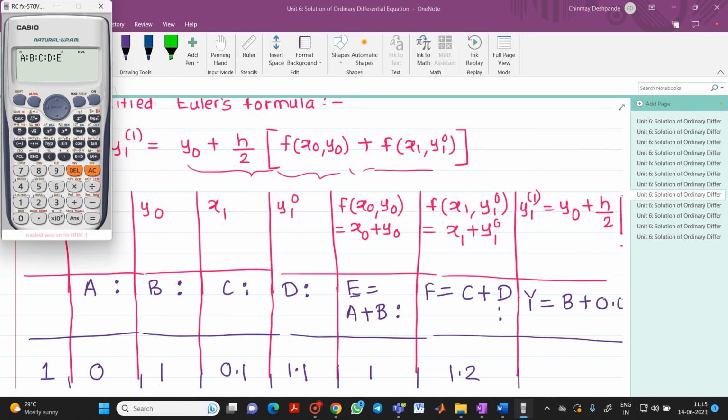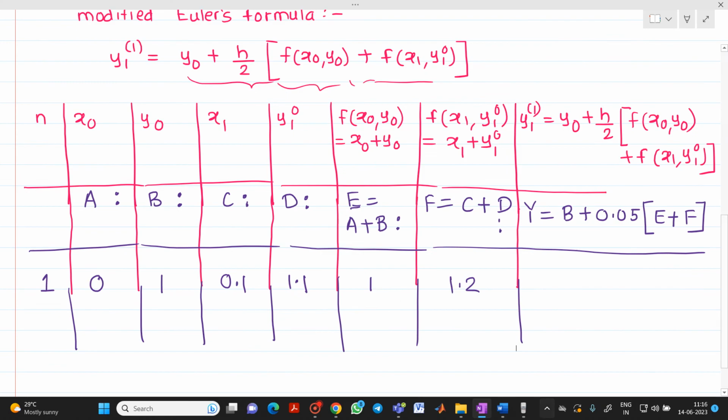E equal to a plus b colon, f equal to c plus d colon, y equal to, so I am going to write it as y equal to b plus, so if you see it here, it is 0.05.